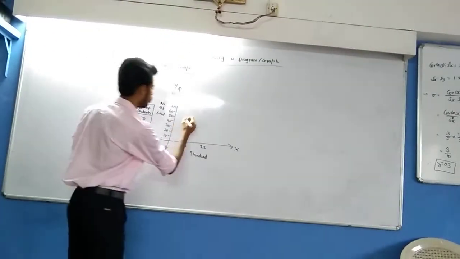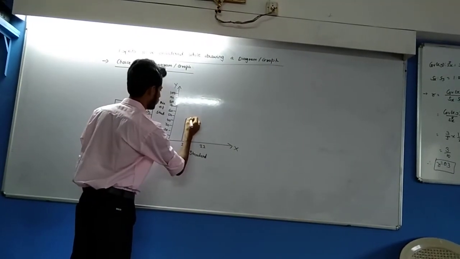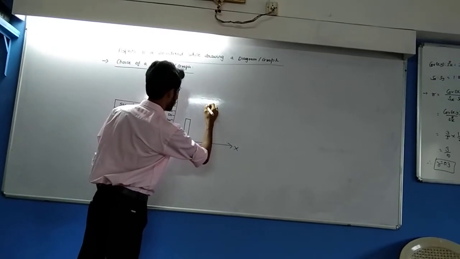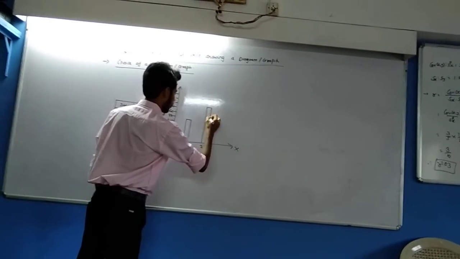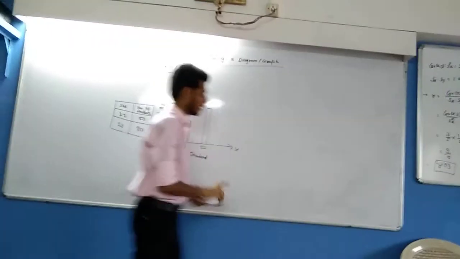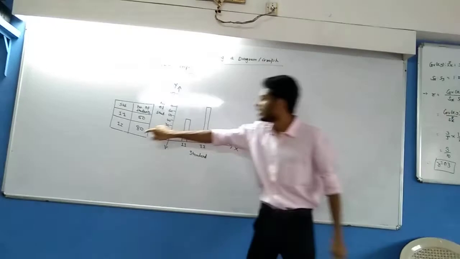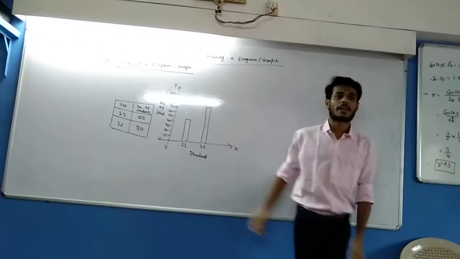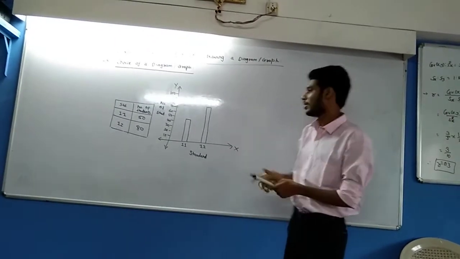I will draw two bars corresponding to the number of children studying in that particular class. You need not draw this right now. Pay close attention. This is one method of representing such data through a diagram, and this is called a bar diagram.